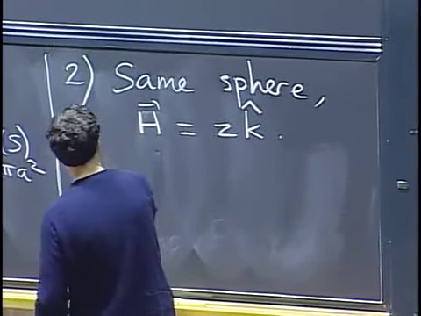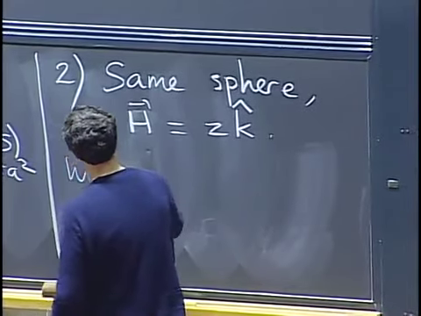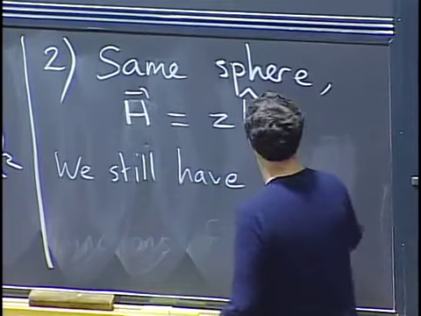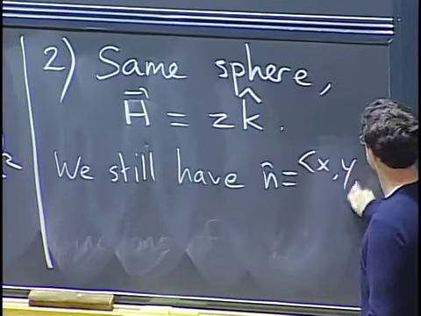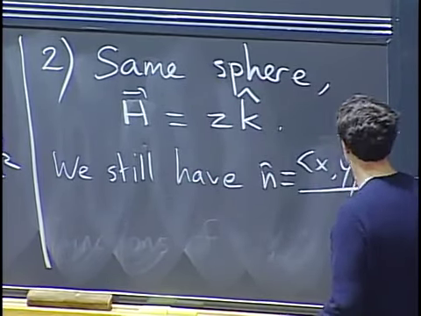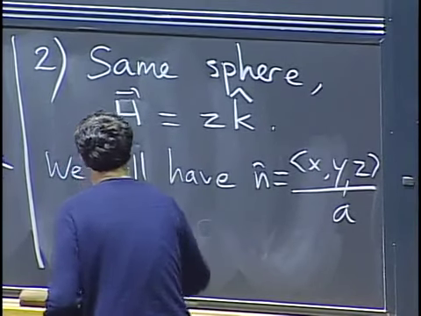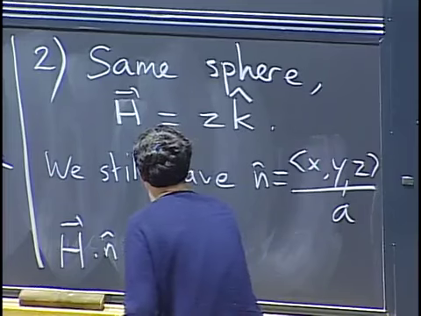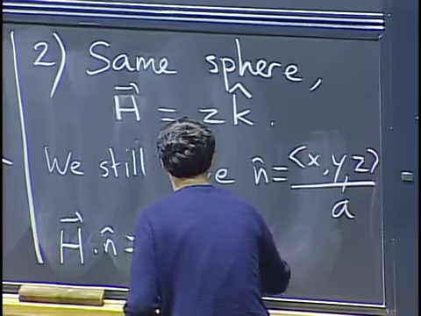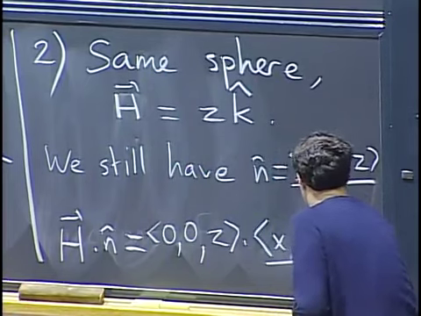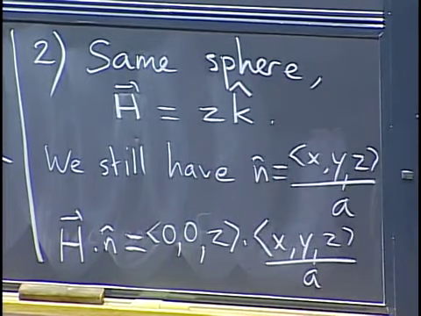So we still have that n is x, y, z divided by a. That tells us that h dot n will be 0, 0, z dotted with x, y, z over a. Looks like I will be left with z squared over a.